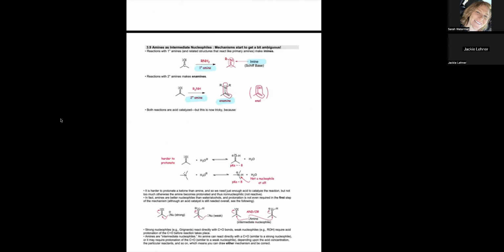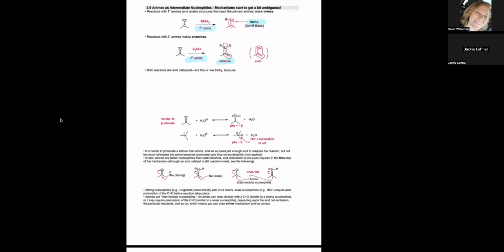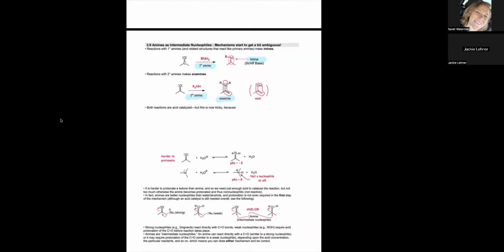Isn't the defining characteristic of an imine a C double bond N? And then that's not present if you go down to the enamine, so is that one just a C single bond N?